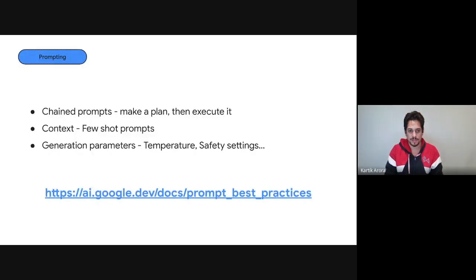Okay, moving on. There's a lot of depth and nuance in prompt design itself. It's so vast that it could be a content or a talk in itself, so I'm not going to dive deeper into that. Google has published this document, which you can read if you want, for prompt best practices on Gemini.